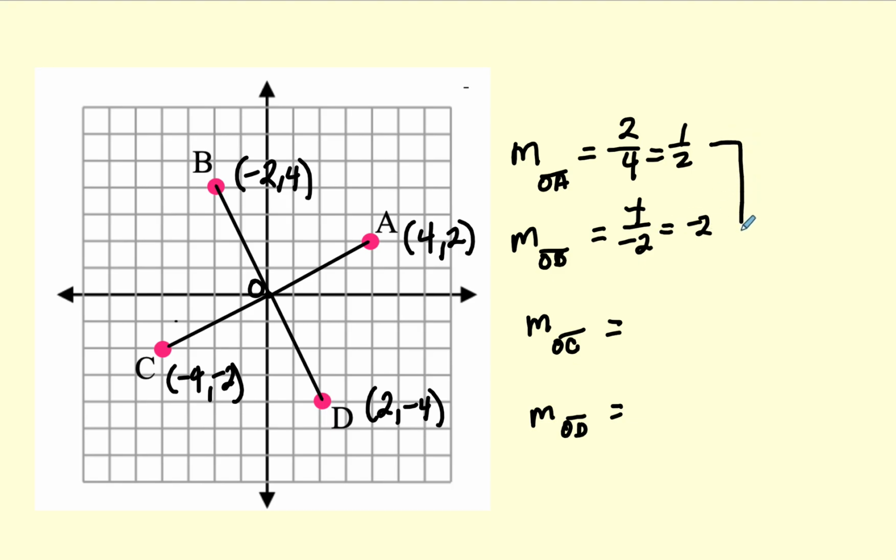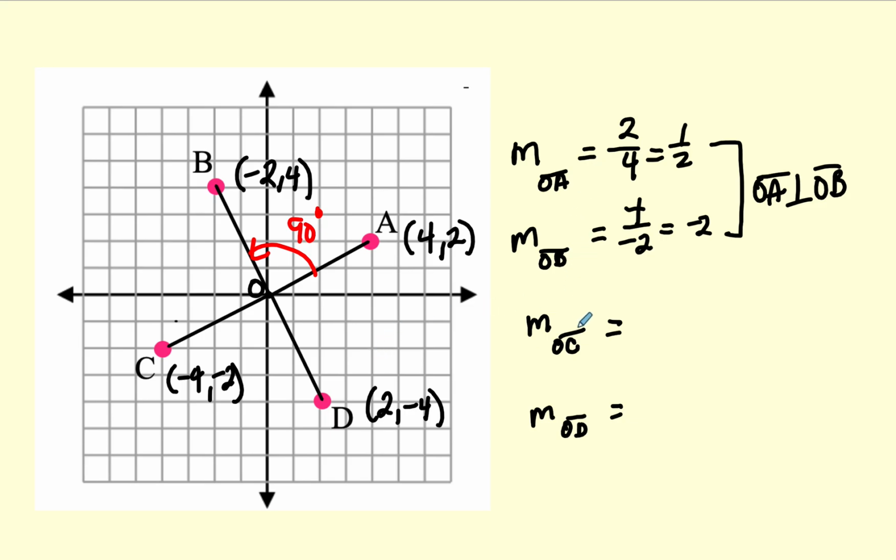The fact that these two are opposite reciprocals tells me that segment OA is perpendicular to segment OB. This tells me that I have gone 90 degrees. So this rotation is a 90-degree rotation.